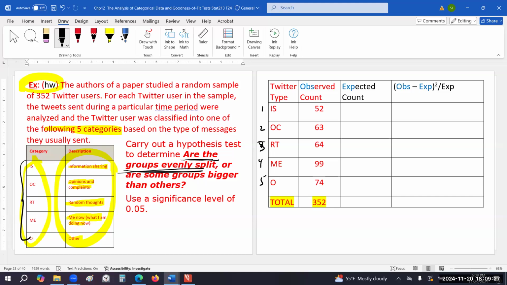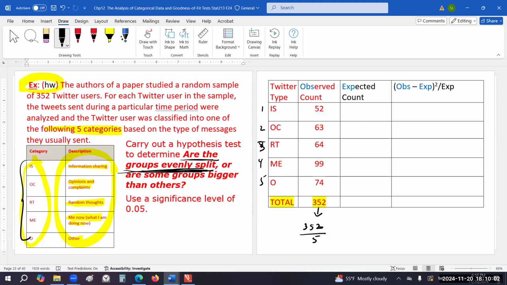So if you want to divide evenly into 5 categories, all you have to do is divide 352 by 5. Then whatever we have, the same number of people goes under the expected count for each category. They did not give us the proportion directly, but they gave us some hint. We want to see if they're evenly distributed, evenly split.